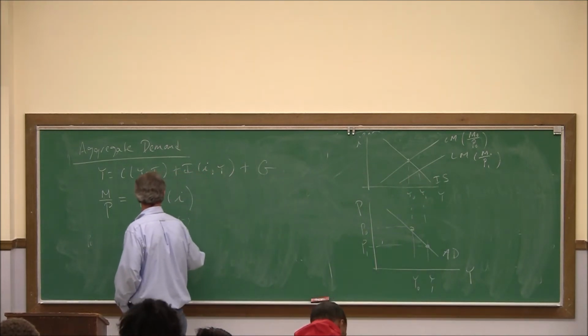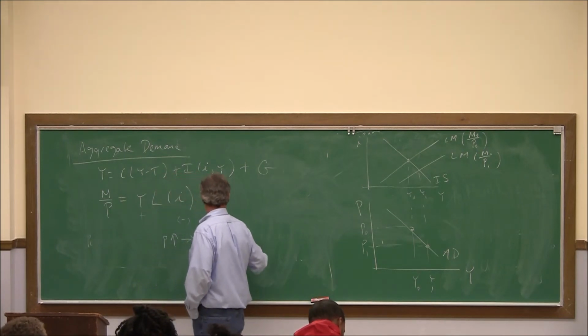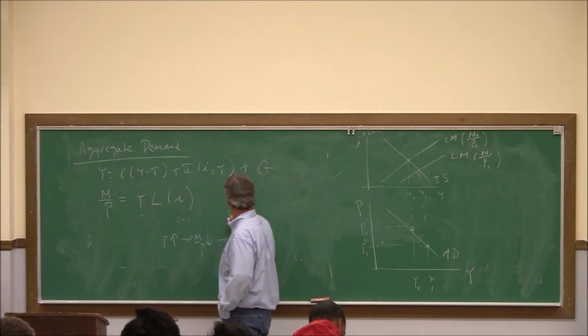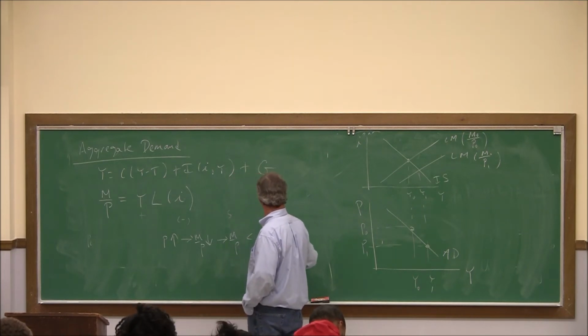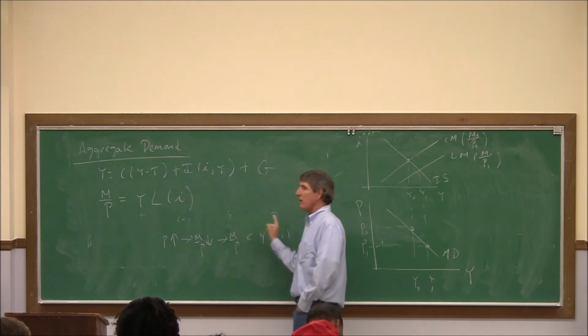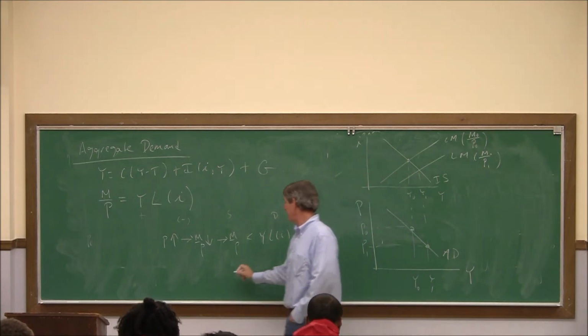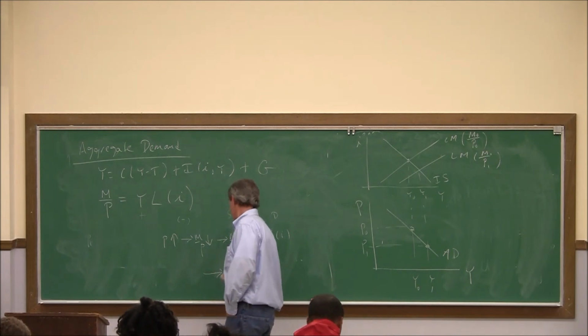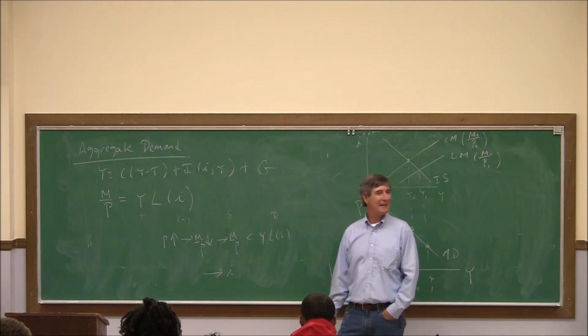When price goes up, M over P goes down. So M over P, that's supply, is less than L of i, that's demand. Money supply, money demand. So what happens to the price of money? It goes down.